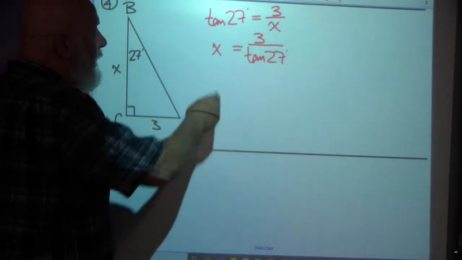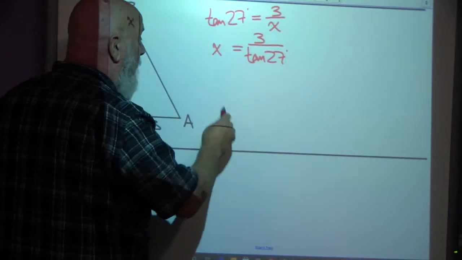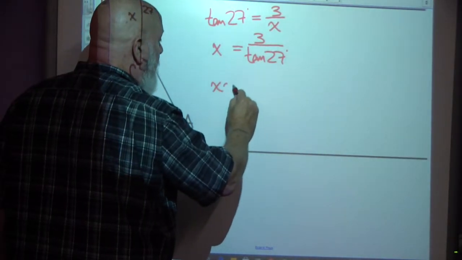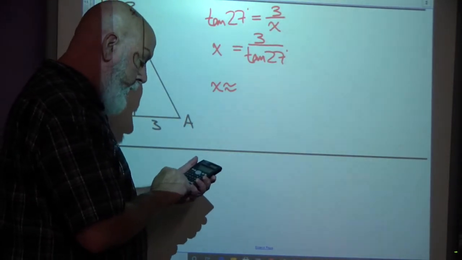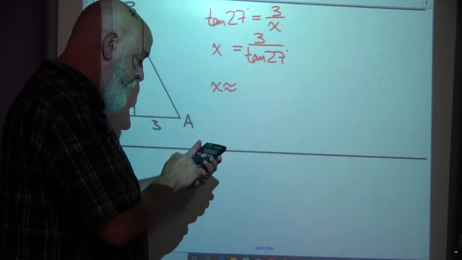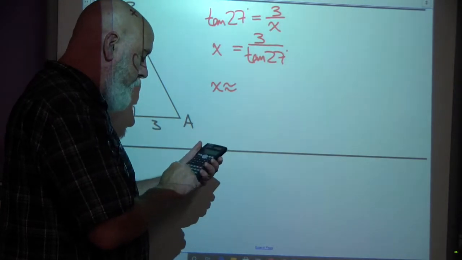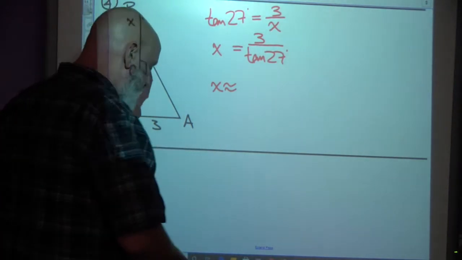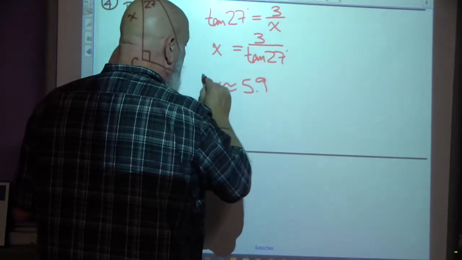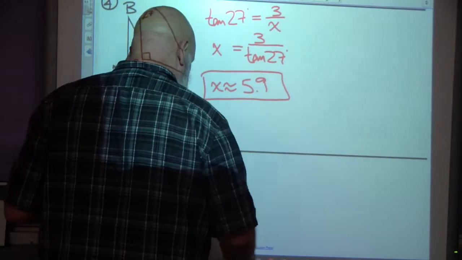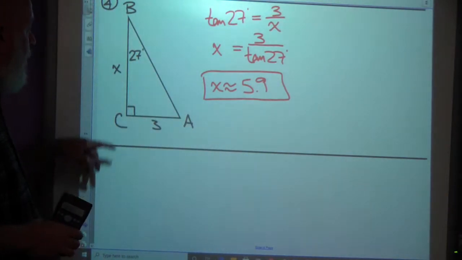And then I just evaluate this with my calculator and try not to mess it up. x will be approximately equal to 3 divided by the tangent of 27, which is about 5.9 if I haven't made a mistake. I'll look for that among my choices, and I found the indicated side.